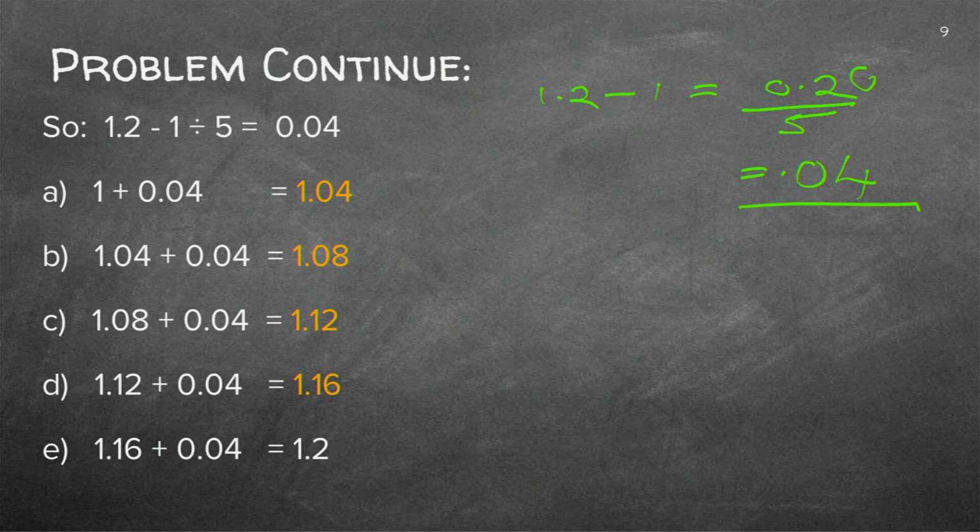So now we're just going to add 1 plus 0.04, which gives us 1.04, plus 0.04, because that is the spacing, 1.08. 1.08 plus 0.04 is going to be 1.12, 1.16, and then we're back at 1.2.